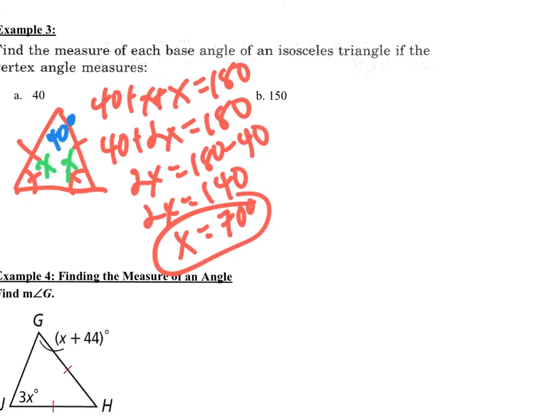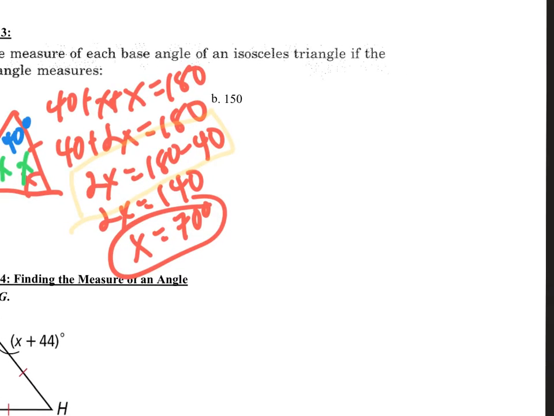I'm going to highlight this. I'm going to use this third line as the basis of how I'm going to answer my second part. So I'm going to use this kind of like a formula. I have 2x. I know that my angle measure is going to be the same. My angle measure is being represented by this variable x, is equal to 180 minus this vertex angle, 150.